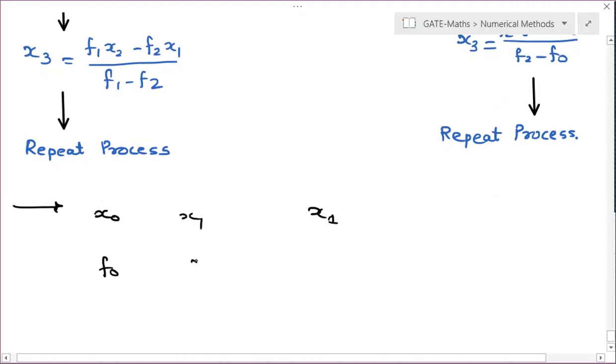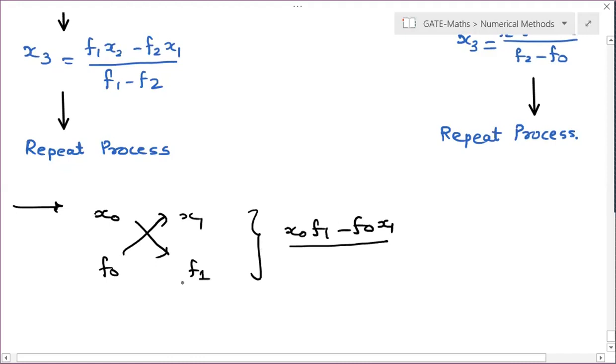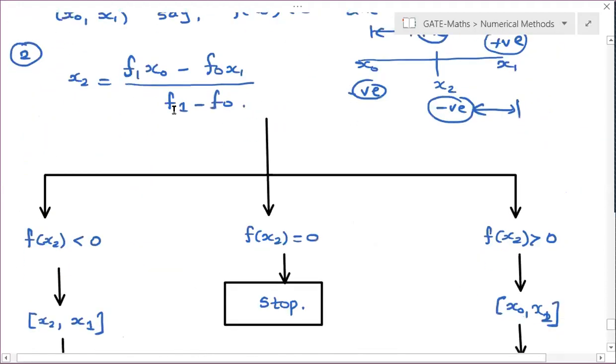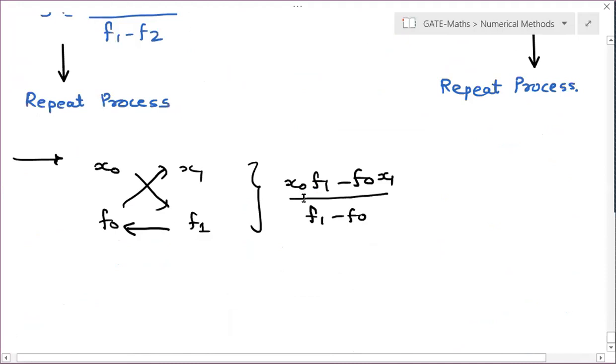Now you all know how to find a 2 by 2 determinant. So x naught f1 minus f naught x1, and below it take the difference f1 minus f naught, last minus first. This is your x2: x naught f1 minus f naught x1 divided by f1 minus f naught.